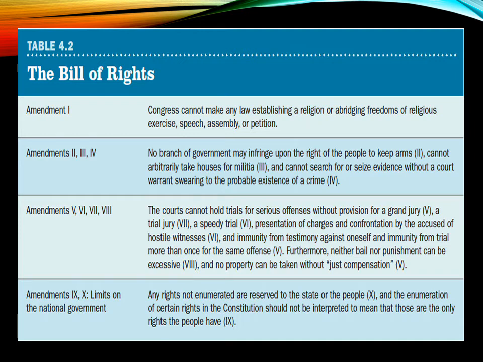Amendments 5, 6, 7, and 8 are targeted to the courts. And those are generally the liberties having to do with the rights of the criminally accused who are being brought to court or, after being found guilty, are getting punished post-court appearance, okay? And so I'm not going to read through all of that, but the 5th, the 6th, the 7th, and 8th have to do with the rights that you have at trial.